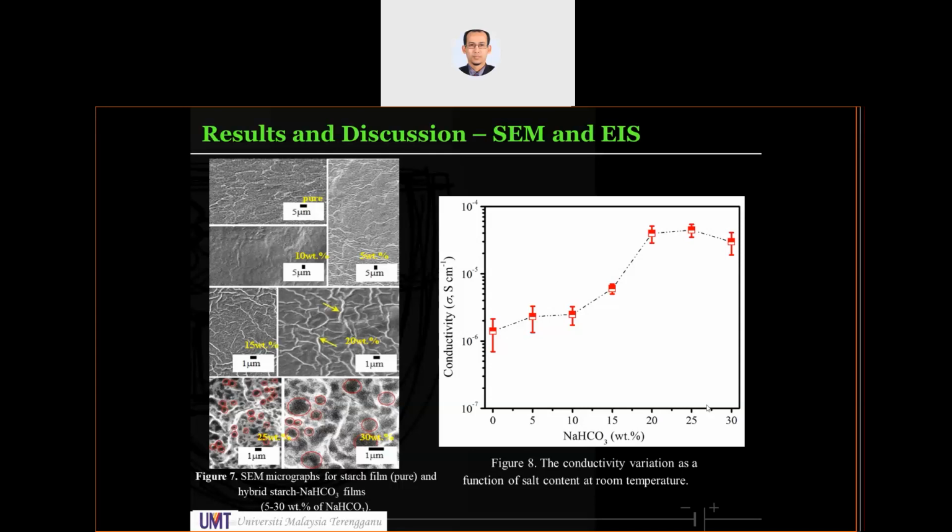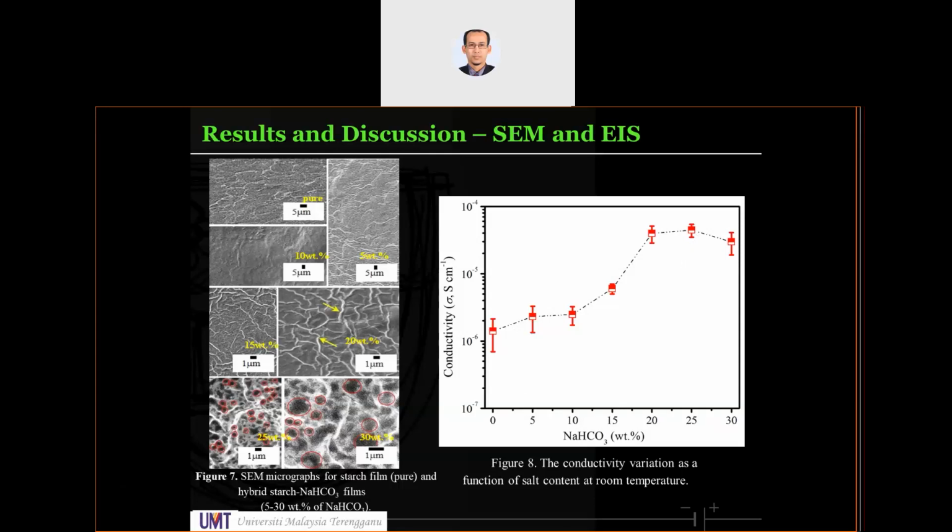Okay, figure 8 shows the variation of conductivity with different amounts of ionic salt in complex films. We can see that for the pure film, the calculated conductivity is 1.41 times 10 to the power of negative 6 S per centimeter, increasing to 2.31 times 10 to the power of negative 6 for 5% of salt, and continuing to increase up to 25% of salt.